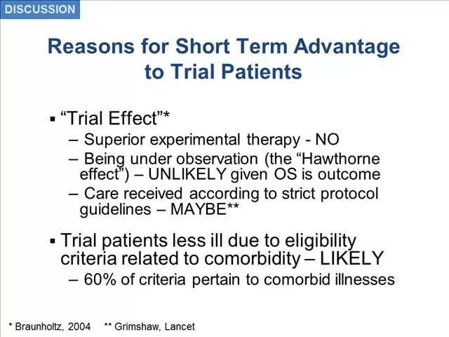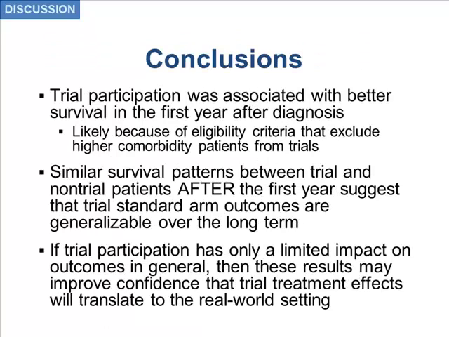It could be due to care received according to strict protocol guidelines, for which there is some evidence. But I would say primarily it's due to the fact that trial patients are less ill due to eligibility criteria related to comorbidity. And recall that 60% of all the eligibility criteria were related to comorbid illnesses. And that was the one thing that could not be very well controlled for in this comparison.